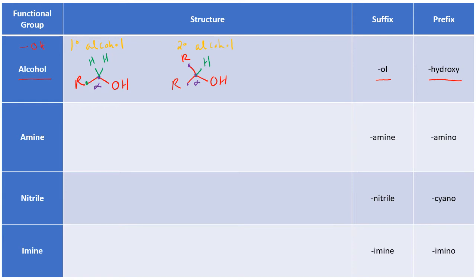And lastly, we could have 3 different R groups, or 3 of the same R groups, coming off of our alpha position. So here's our carbon, here's our alpha position, that's the spot directly bonded to the oxygen of the alcohol. Notice that carbon has 4 bonds, so there's no hydrogens.